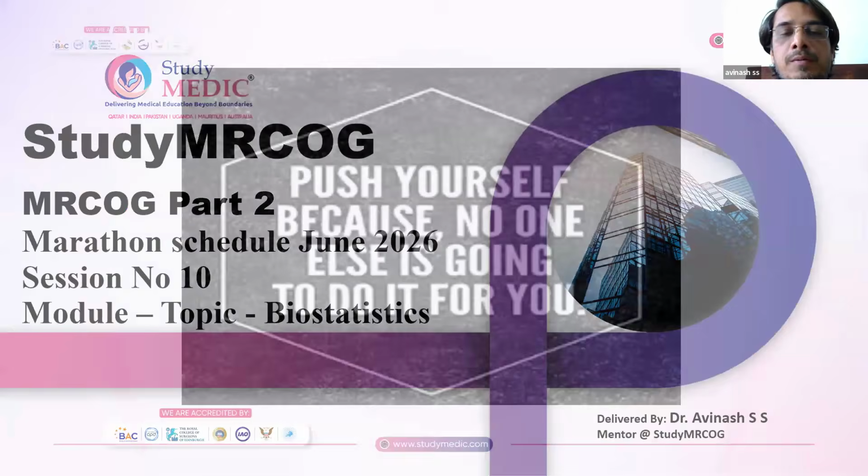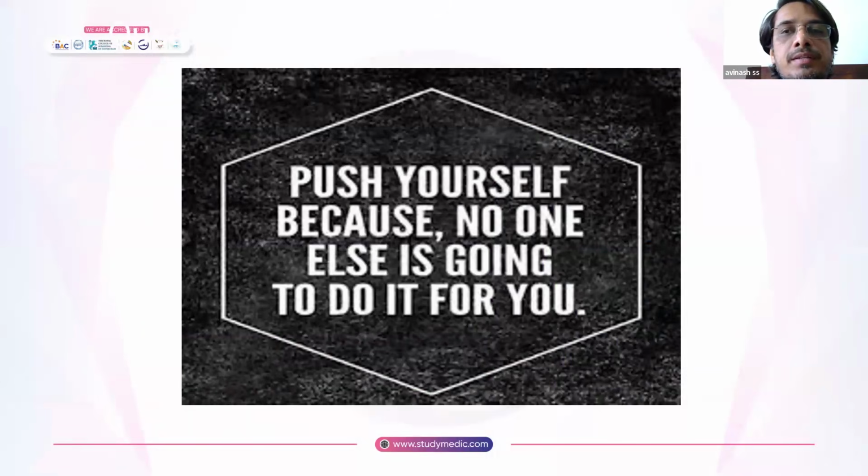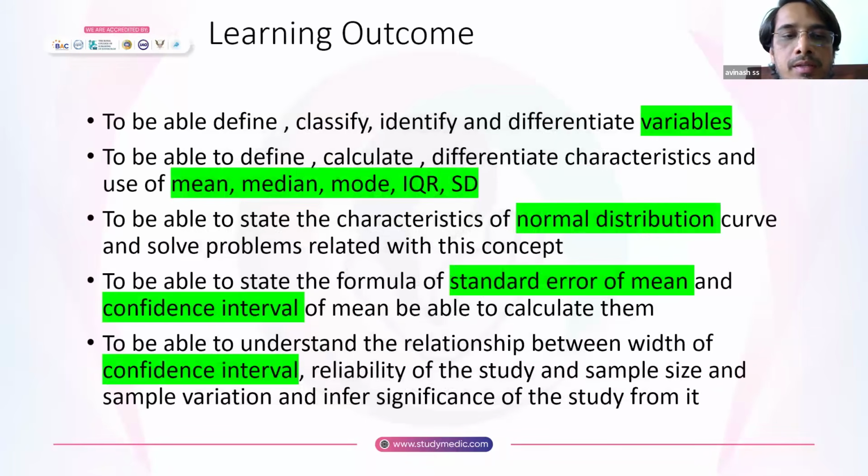In today's topic, we will be briefly discussing the basics of biostatistics, as well as trying to solve some of the questions and see how we can solve the questions in the exam.